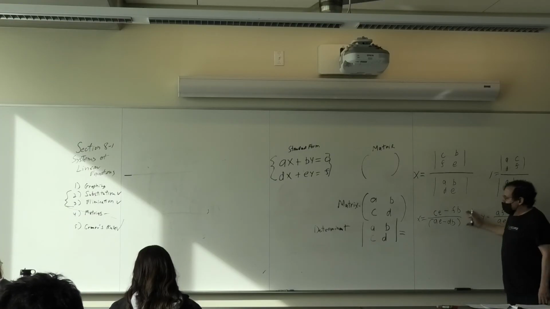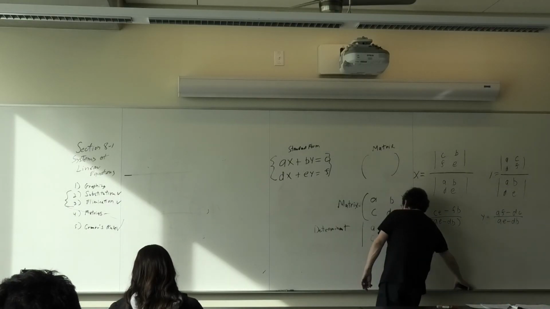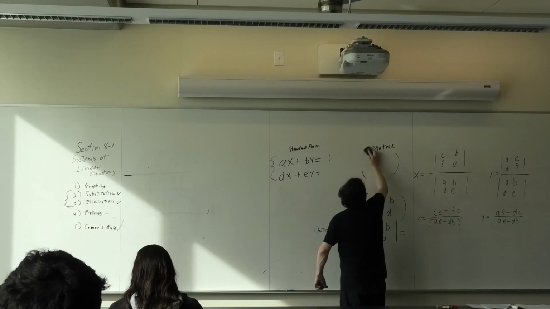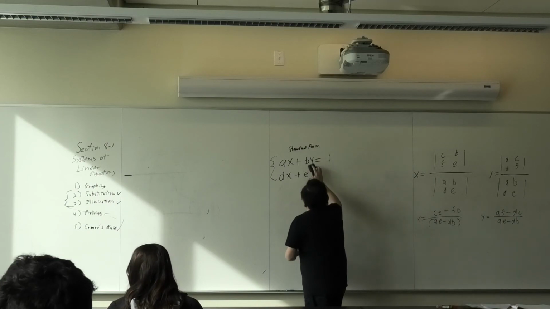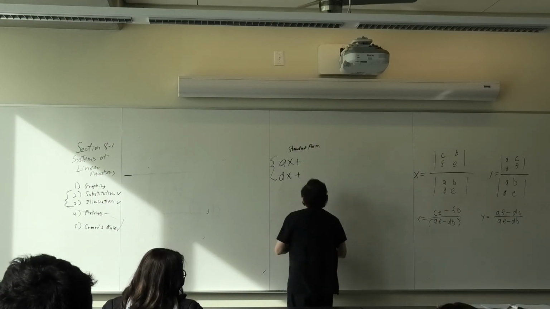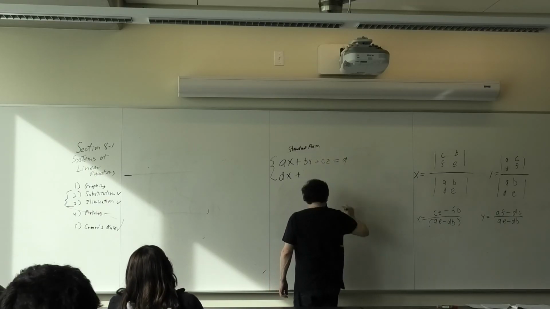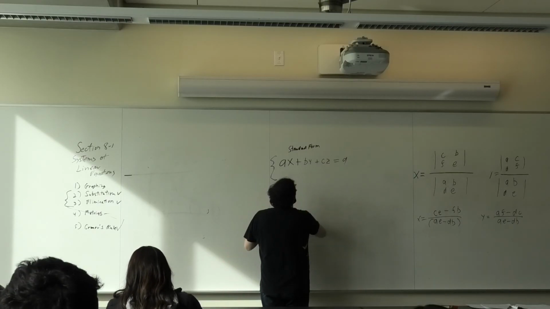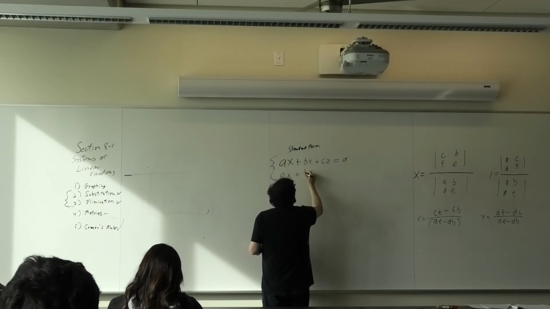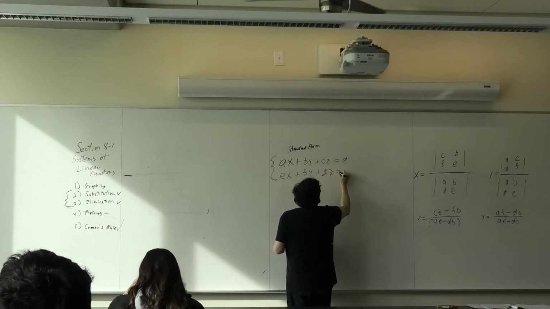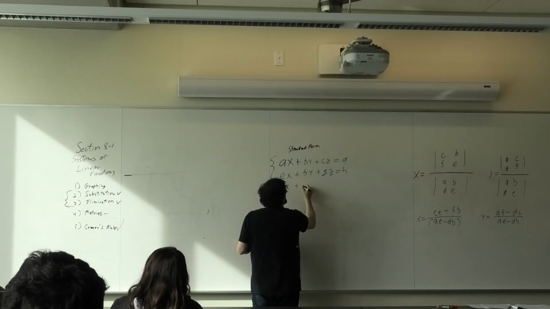The other nice thing about this is, what if I had, I'm going to have to change my notation here a little. What if I had BY plus CZ equals D? I'm going to have a lot of letters here. EX plus FY plus GZ equals H. IX, I never use I, I'll use it here.